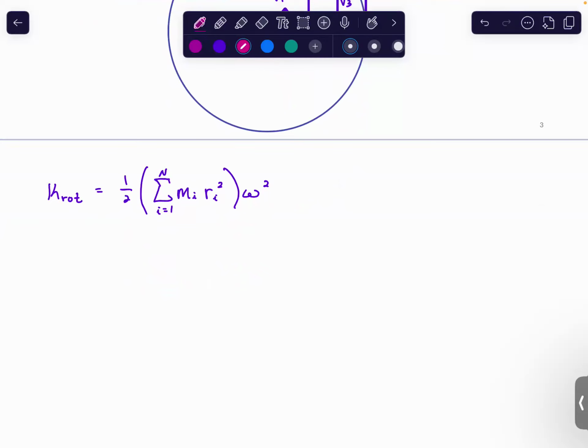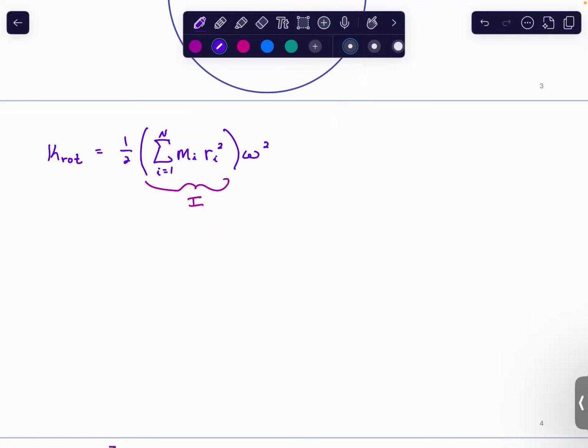Now what you see here is what's known as I, the moment of inertia of this object. So then your rotational kinetic energy becomes 1/2 I omega squared.